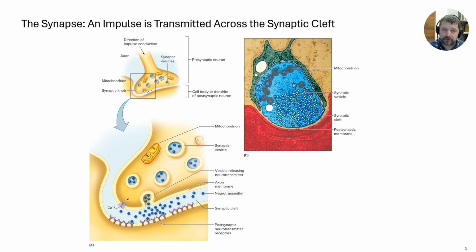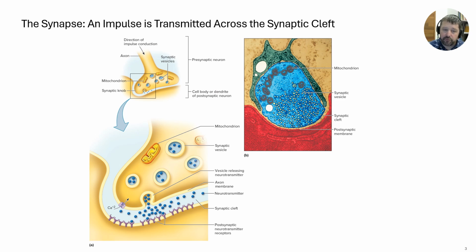So here's a little better look at that synaptic vesicle, okay, at that synaptic knob. Okay, so if we dive down here, that action potential moving down into the synaptic knob is going to open up channels. Typically, these are calcium channels.